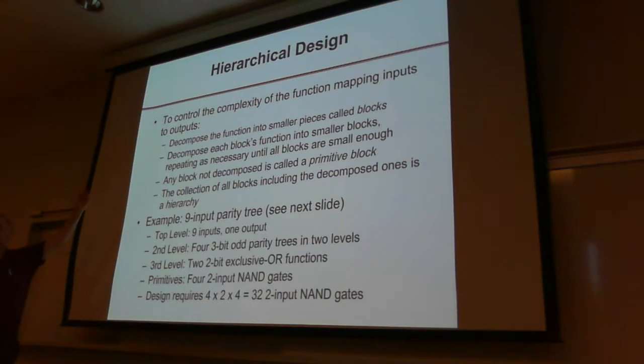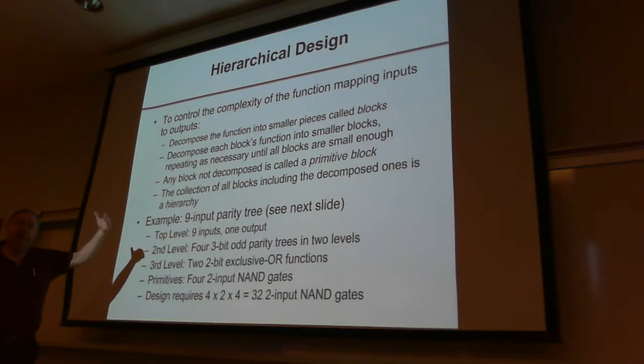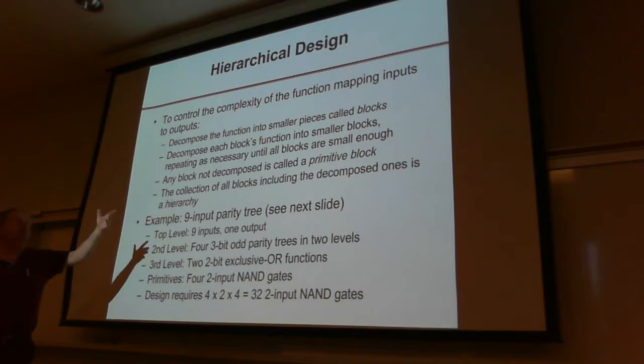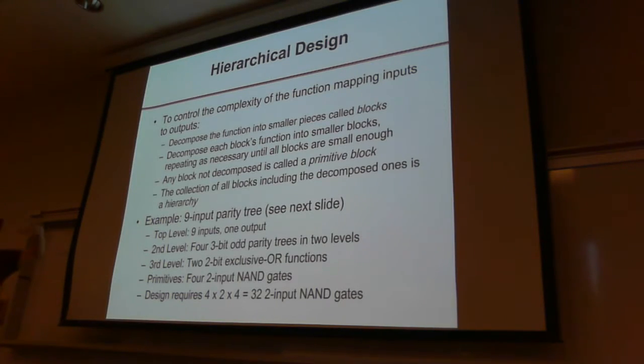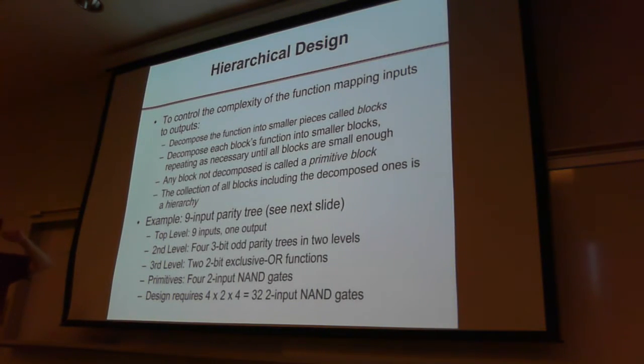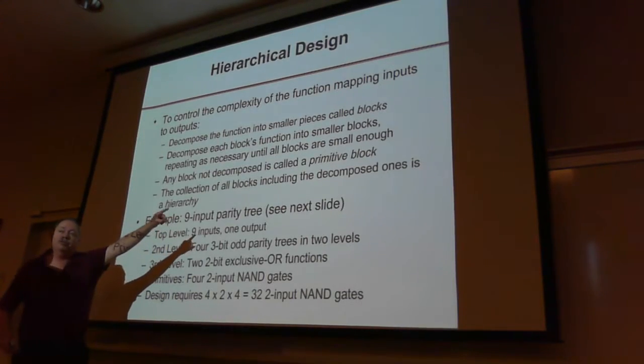So we're going to take that circuit and we're going to decompose it down into smaller, what we call blocks. That's an official term that we'll start using now, blocks. Okay? Likewise, we'll take the function associated with that component, or sets of components, decompose those down into the smaller blocks, and we'll keep repeating that process, drilling down deeper into smaller blocks, drilling down deeper into yet smaller blocks, until we get the smallest box that we can possibly get, which is called our primitive block.